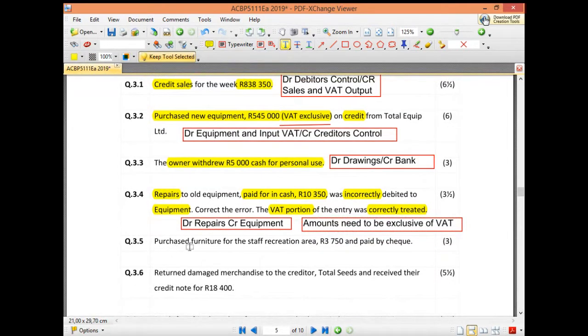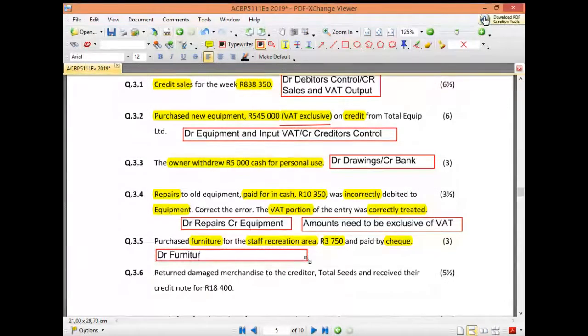Then if we purchase furniture for the staff recreation area, for 3,500 and we paid for it by cheque. Okay, now we would debit the furniture because it's an asset. We would credit bank because we paid for it by cheque.